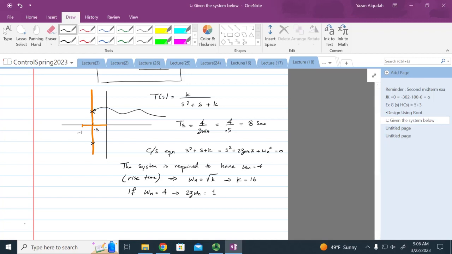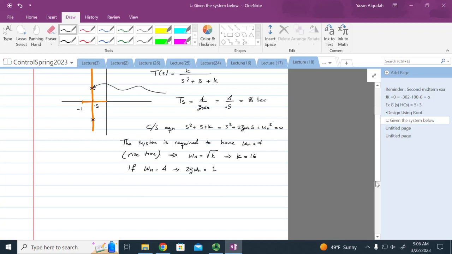And therefore, zeta is equal to 1 over 2 multiplied by omega n. And therefore, zeta is going to equal 1 over 8.